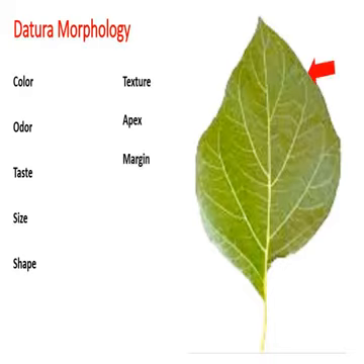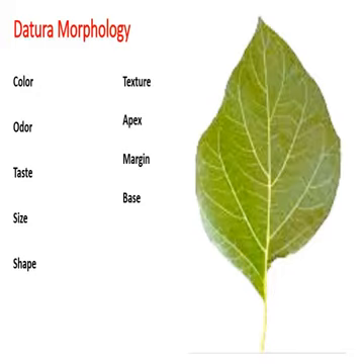Next is margin. Margin is the periphery of the leaf. The margin in case of Datura leaf is sinuate, and sinuate means it has a rough sine wave-like appearance. Next, base. Base is the lowermost portion of the leaf where two margins meet.